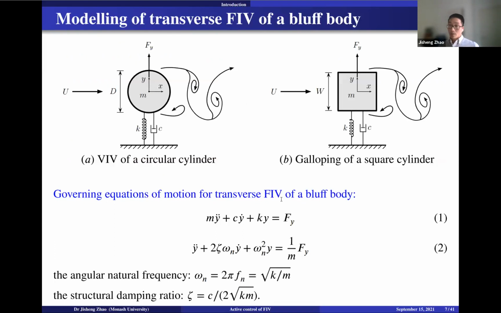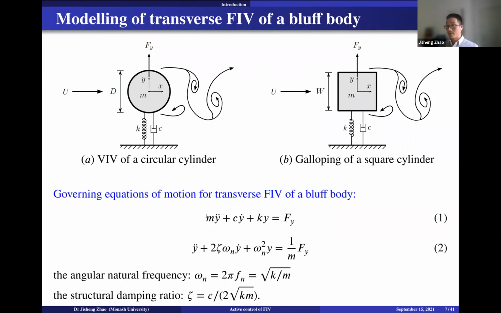To model this mathematically, it's quite simple. Probably not simple, but here we just want to make our life easier. We just use a linear mass-damper-spring system to represent our problem. Here, the governing equation is basically a linear second order equation.